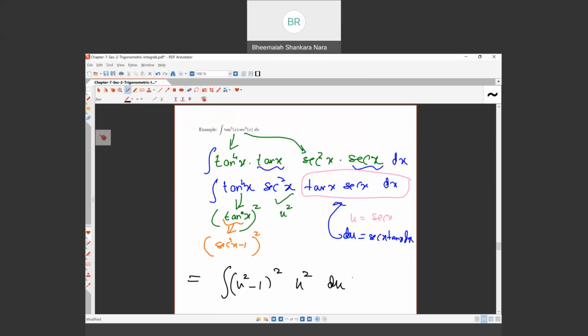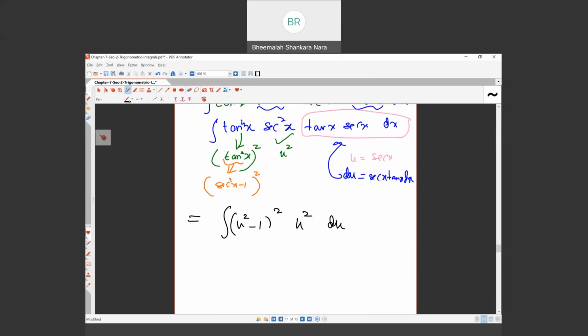This is the simplest integral rather than the complicated integral with the tangent and secant with exponents, where you cannot integrate them. Now FOIL this term, multiply u square, simplify. You have u to the 4 minus 2u square plus 1, times u square.